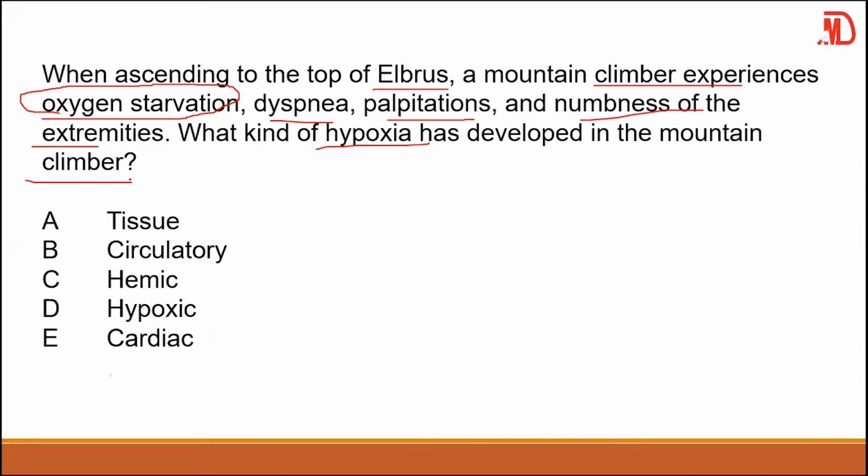In other words, when there's a decreased concentration of oxygen in the atmosphere, or the partial pressure of oxygen is decreased. That is when we have what we call the hypoxic hypoxia.